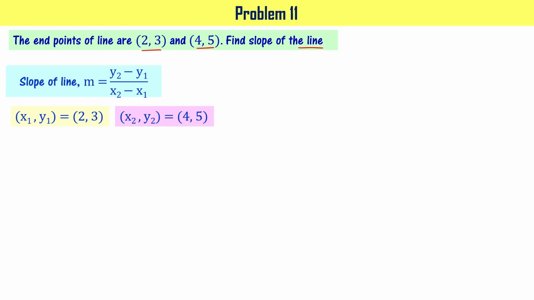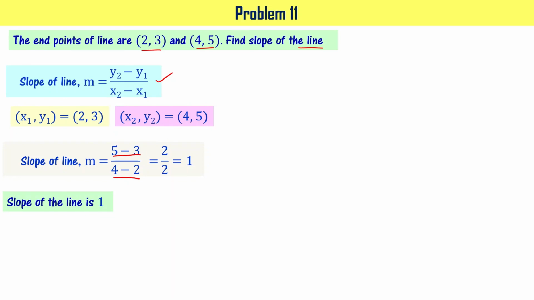When you substitute these values into the slope formula, m can be written as (5 - 3)/(4 - 2). When you do that, you will get it as 2/2, that is equal to 1. It means the slope of the line is 1. This is what we are asked to find, right?